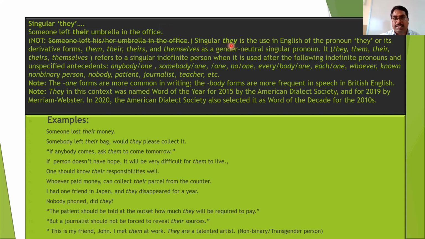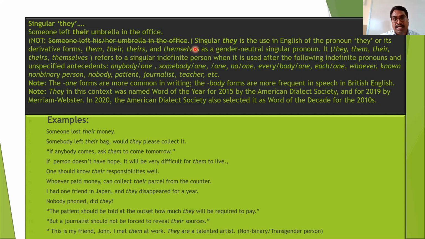Singular they is the use in English of the pronoun they or its derivative forms, that is them, their, theirs, and themselves, as a gender neutral singular pronoun. Right?